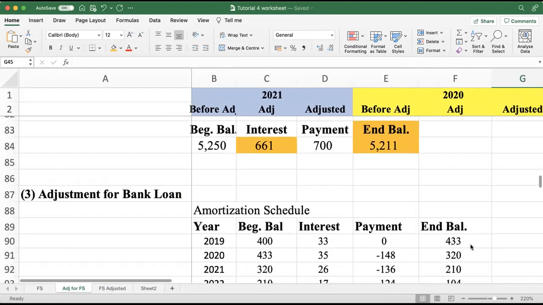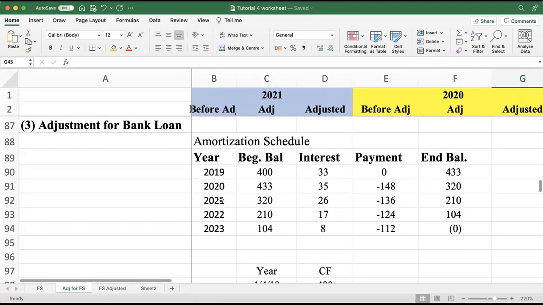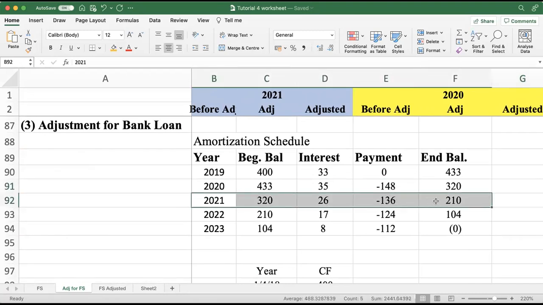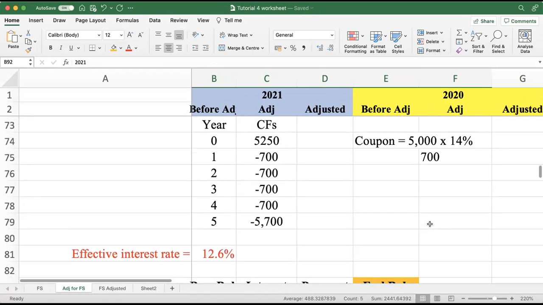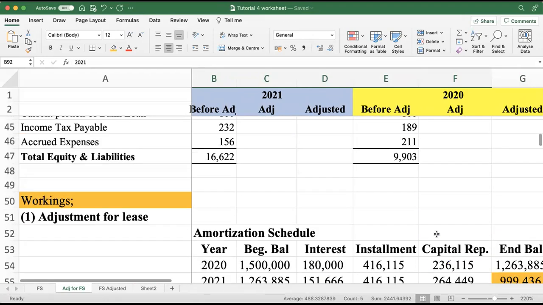Then 2021, you see bank loan end balance 210. Out of that, 100 has to be paid within the next year. So 100 is current liability. Balance 110 is non-current liability. Now you see the 2021 financial statement.